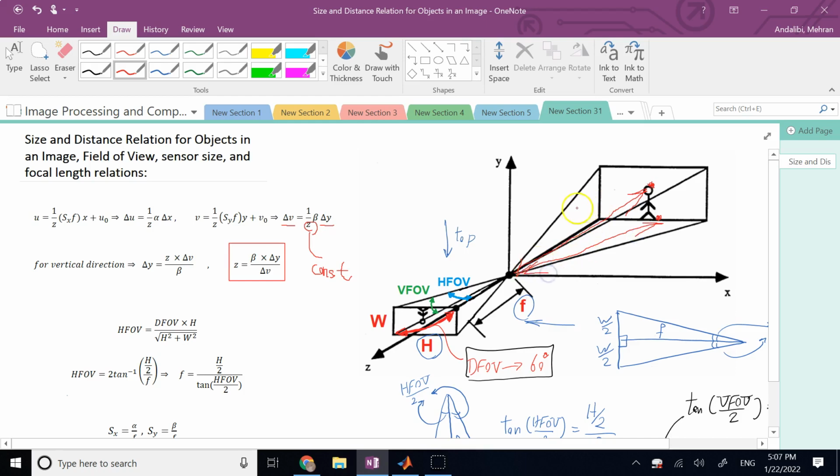If they are different, if one of them is Z1, the other one is Z2, and those Z's are quite different, this formula I wrote for you is not applicable. Now, when can you assume this is a good thing? One case is when this Z is large. When the distance from your camera to the object is very large and your object is not a very deep object like a big train or something, then you can roughly assume, as long as it's roughly a vertical object and it's not super deep, as long as these Z's are big, I can say these two Z's are what?